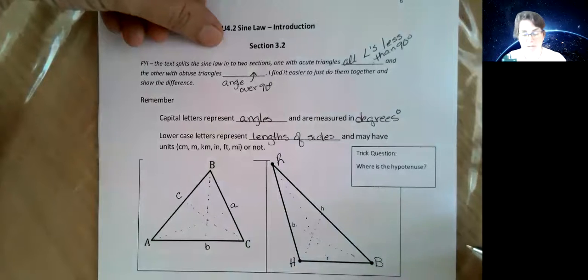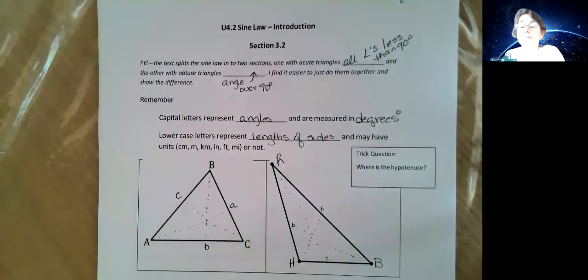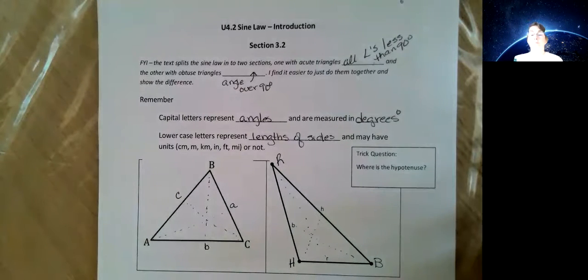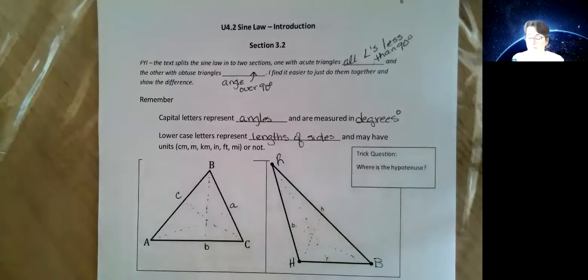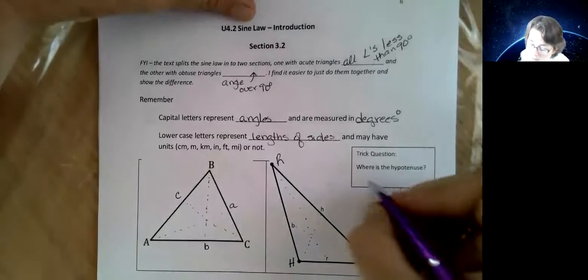Now, trick question. Which of these sides is the hypotenuse? Notice I said trick question. What do you need before you have a hypotenuse? Yes, you need a 90-degree angle. So the trick here is there isn't one.